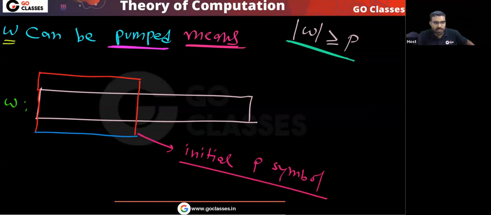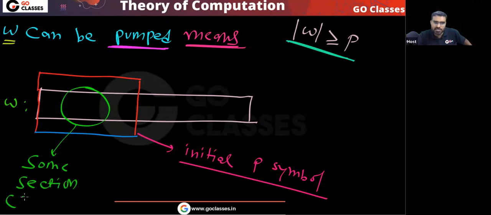Now, within the first P symbols, what does "can be pumped" mean? It means that within the first P symbols, you can find some non-empty section. Section means substring.